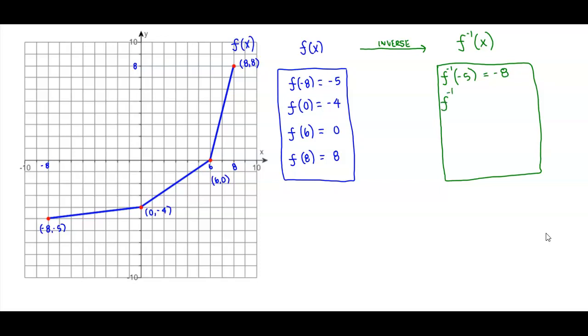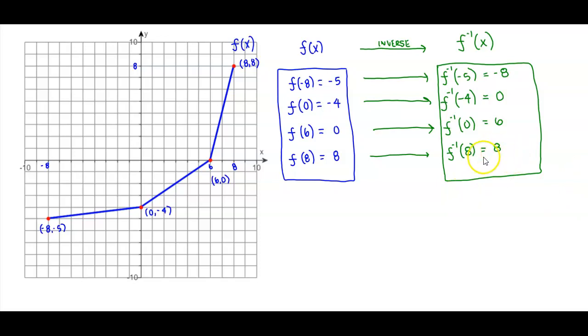F inverse of -4 has an output of 0. Again, keep track of what we're doing here. We have f inverse of 0 equal to 6. Then the last one, f inverse of 8 is equal to 8.